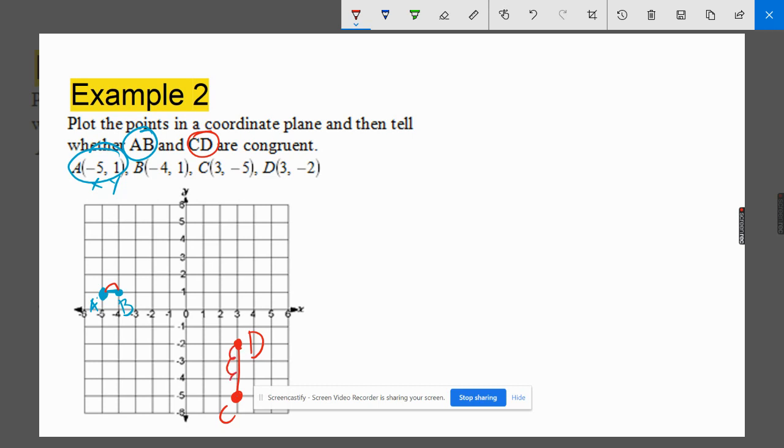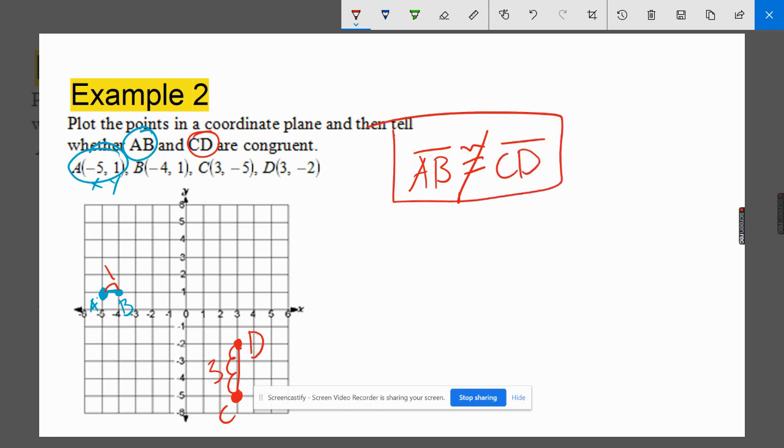This is 1, 2, 3. So they are not congruent. So you would say segment AB is not congruent, so congruent sign with a slash through it, to segment CD. You could write it out in words as well right now, but we want to eventually transition to symbolic use like we see here, because that's what we're going to be using a lot of going forward in this class.